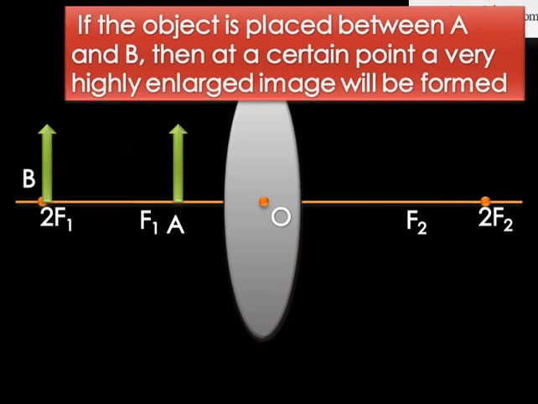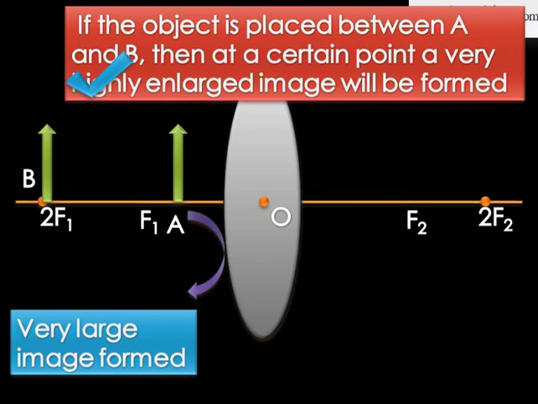The last option says that if the object is placed between A and B, then at a certain point, a very highly enlarged image will be formed. That option is true. You see, the focus f1 of the convex lens lies between A and B, isn't it? And we know that when an object is placed at the focus, a very highly enlarged real image at infinity is formed.